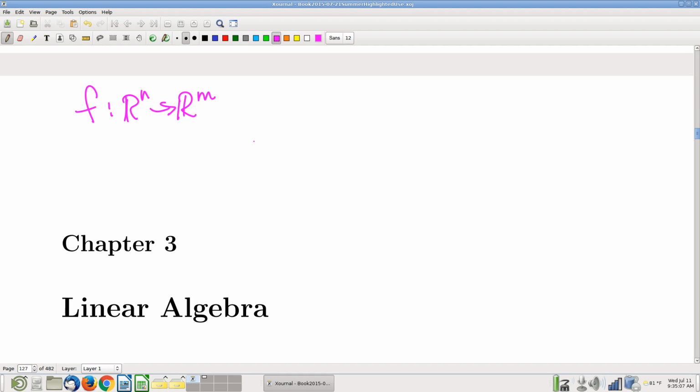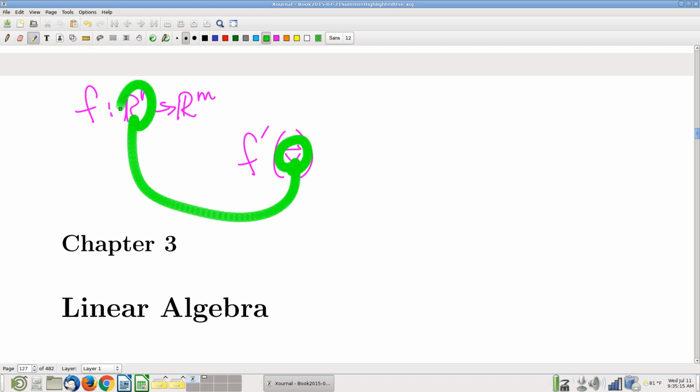You would kind of think that f prime at some now vector x, now keep in mind, this is a point in the domain. The domain is now Rn. It's not just a number x, it's a vector x. So, anyway, f prime, you'd think, I don't know, we're kind of working stuff out here.